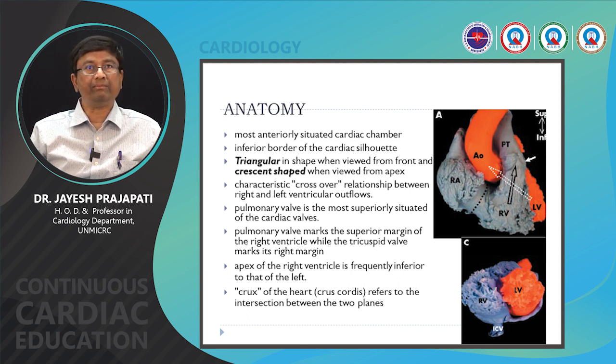The pulmonary valve marks the superior margin of the RV, while the tricuspid valve marks its right margin. The apex of the RV is frequently inferior to the left. The apex is made up of the left ventricle, as we have studied in clinical cardiology. The crux of the heart, crux cordis, refers to the intersection between the two planes.